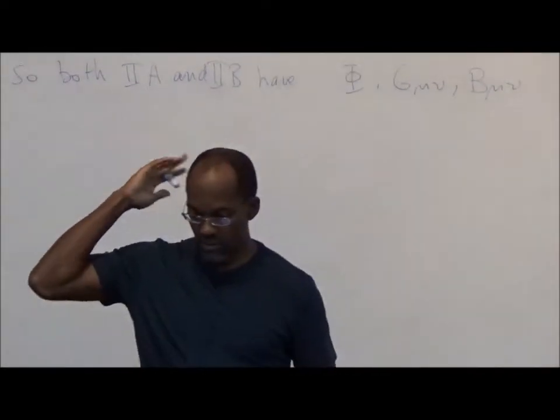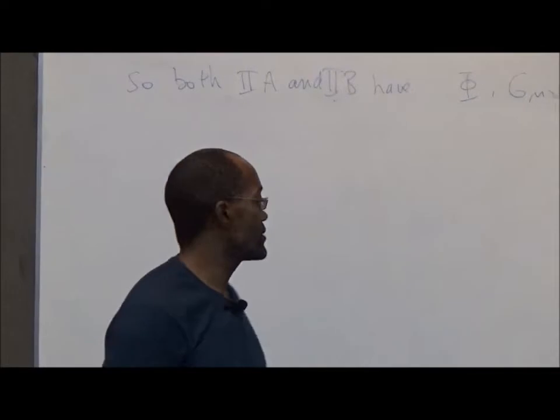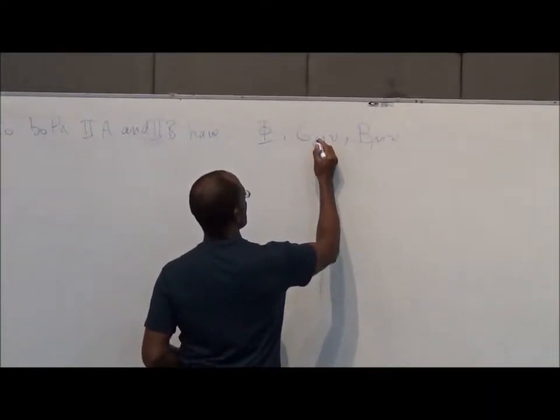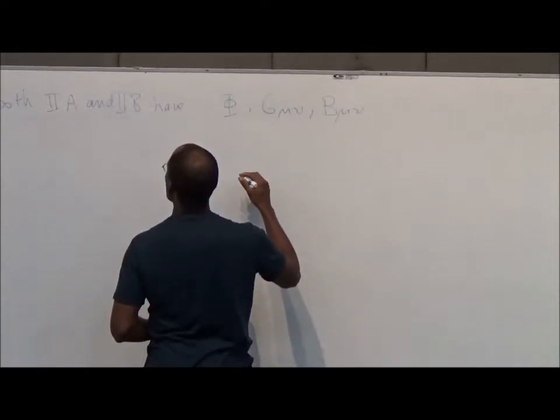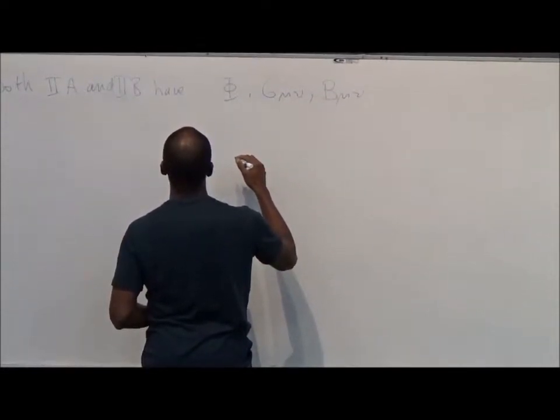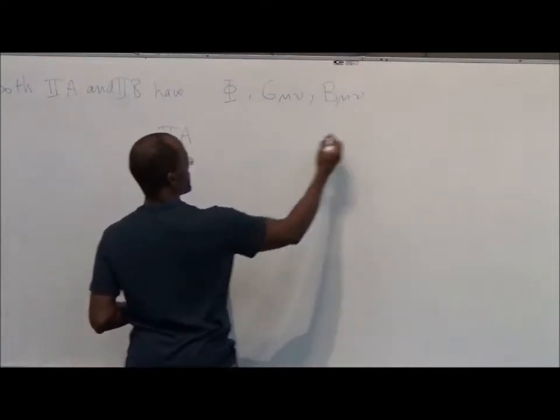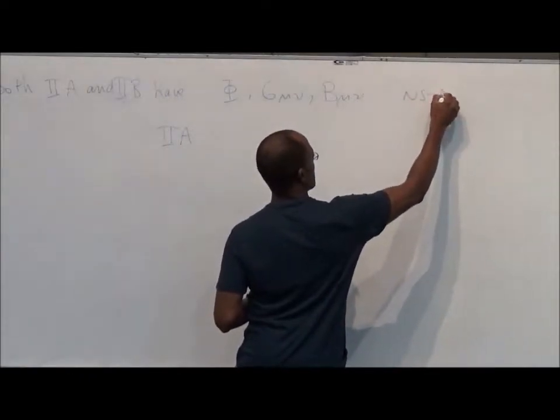The 35, and the 28. And then 2A, right? This is the Neveu-Schwarz sector.